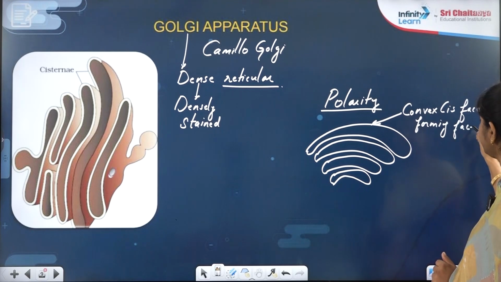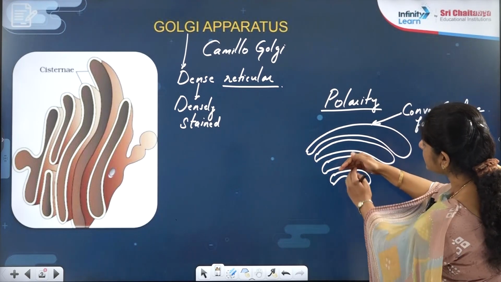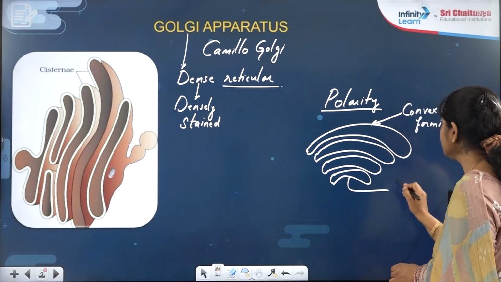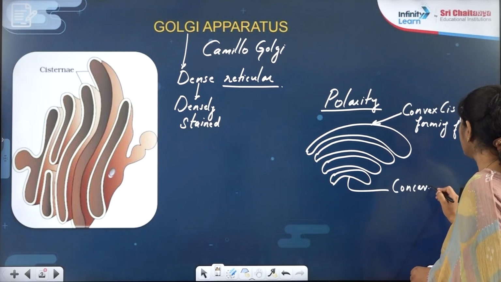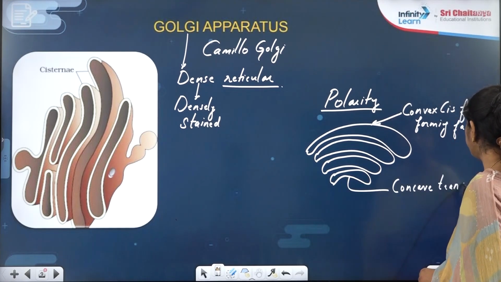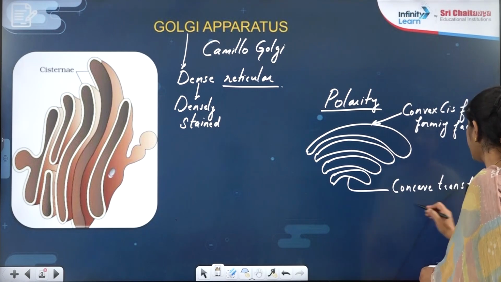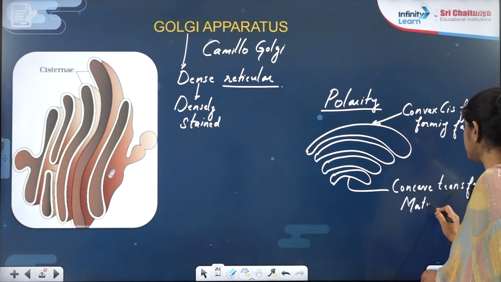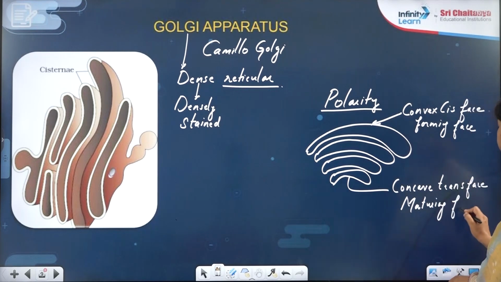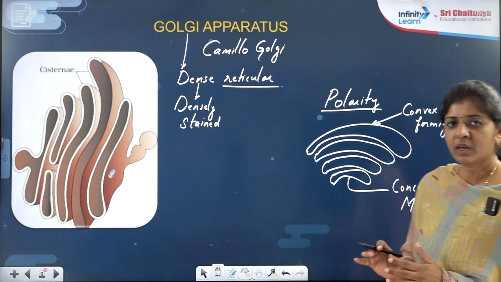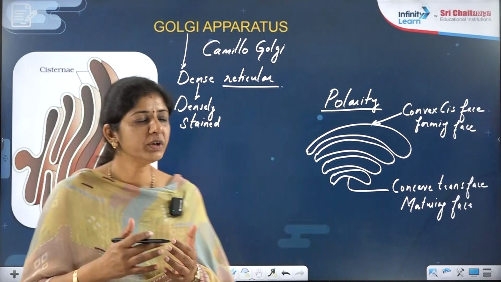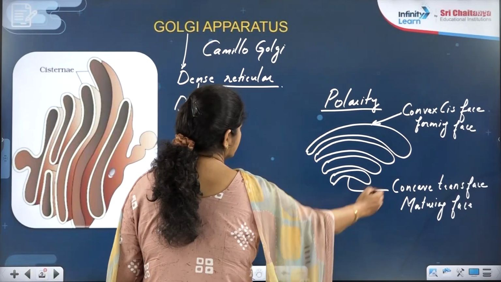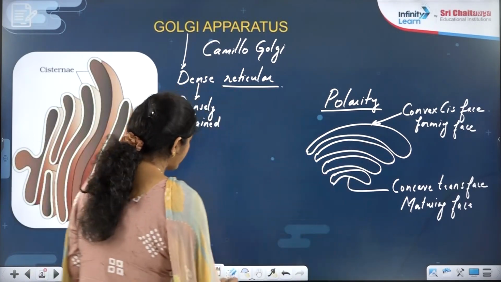Opposite to that, can you see it is somewhat bulged inside? That you call the concave trans face, which you even call the maturing face. Now, as per their function, do remember this part of the Golgi bodies.